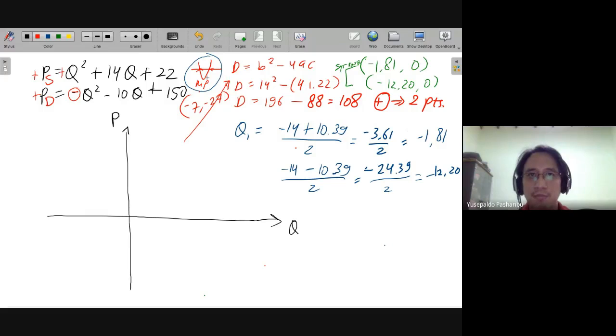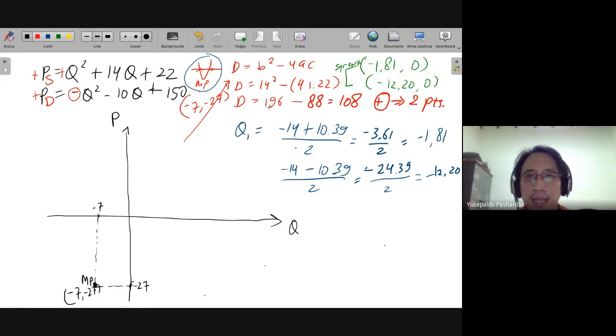And then the maximum point is minus 7, minus 27. Minus 7 is in this side, minus 27 here. So this is the coordinate of minus 7 and minus 27. This is the maximum point.